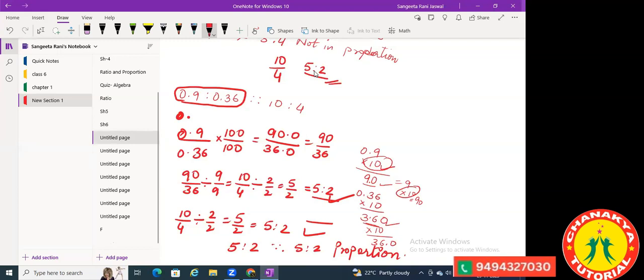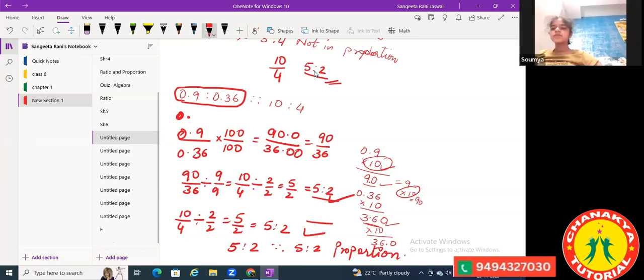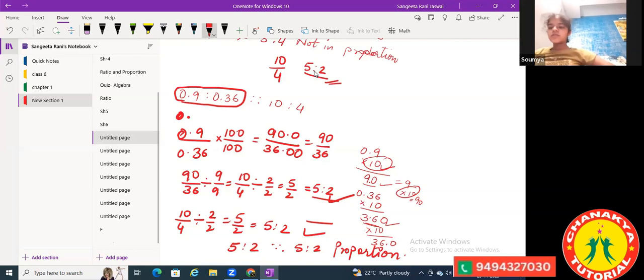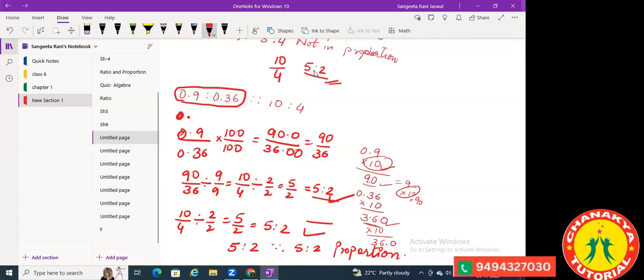So when we multiplied this by 100, I got 900 here, and I got 3,600 here. This is what I got when I multiplied 9 and 36 by 100. Okay, got it? Yes, ma'am. Then here, in the numerator, my decimal point was after one place. So here also in the numerator, my decimal point will be after one place.